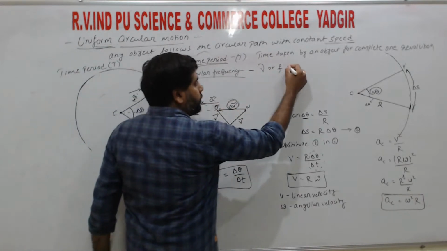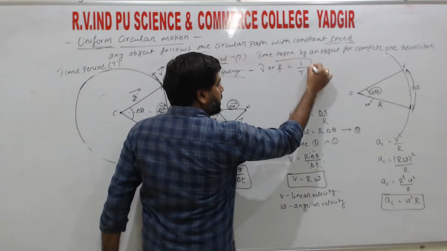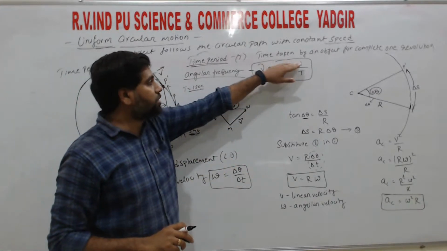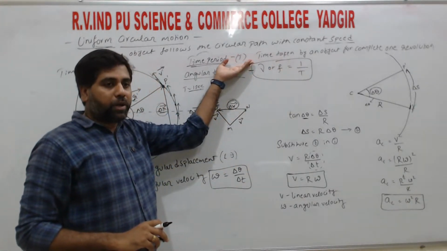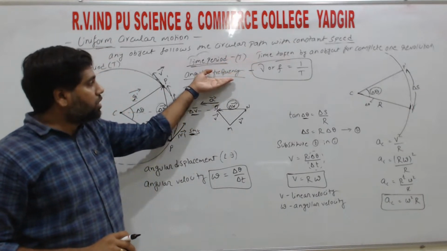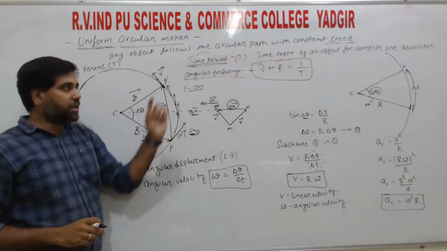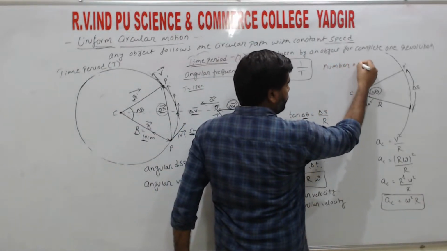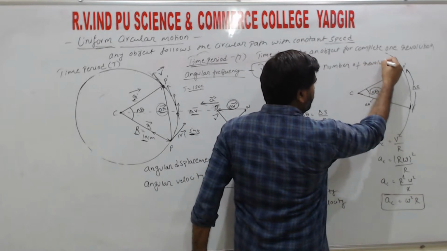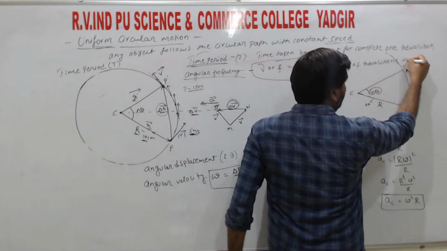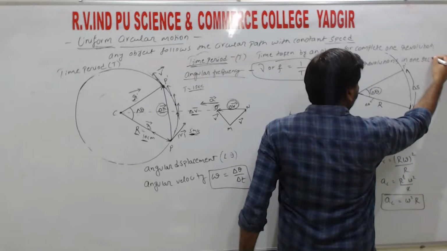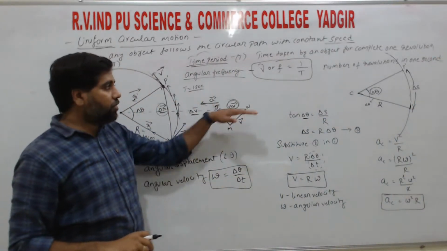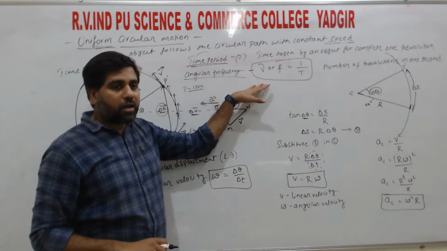So f is equal to 1 divided by T. This is the mathematical relation: frequency is inversely proportional to the time period, right? The number of revolutions in 1 second we call the angular frequency.